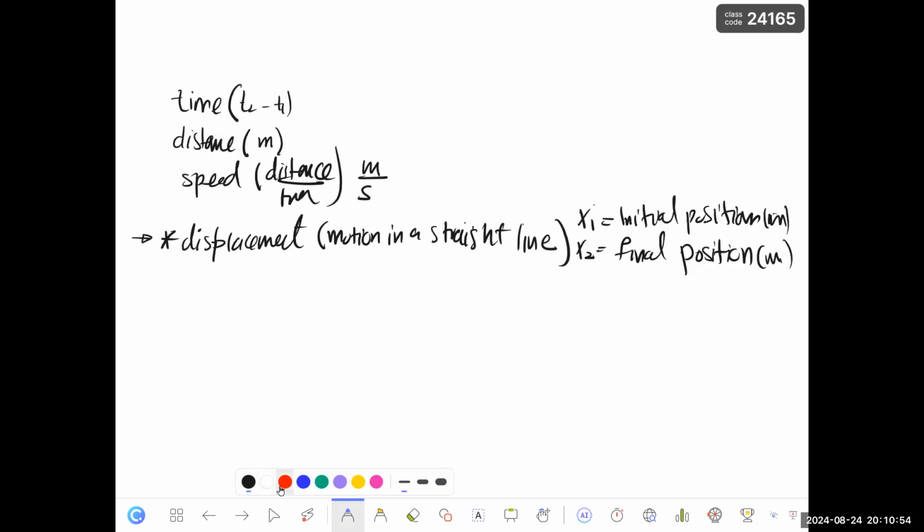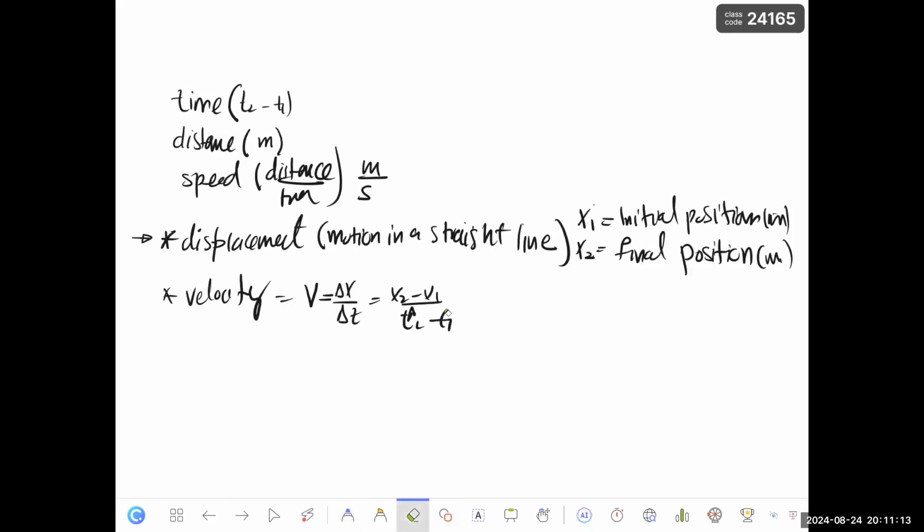Then we learned another important quantity called velocity. Velocity is represented by v, and velocity is basically delta x over delta t. You can also write it as x2 minus x1 over t2 minus t1. And we also learned one more thing. This is called average velocity, right?